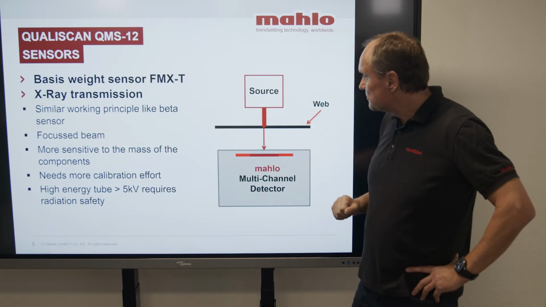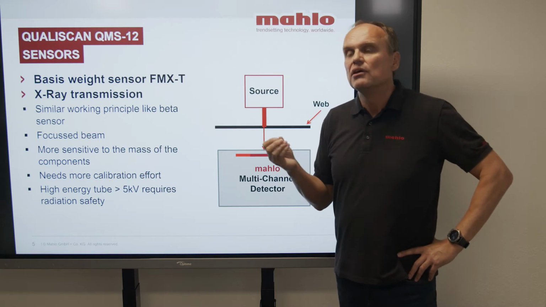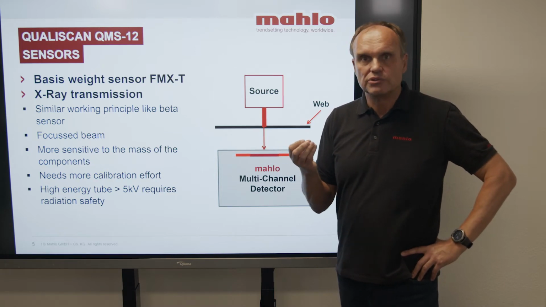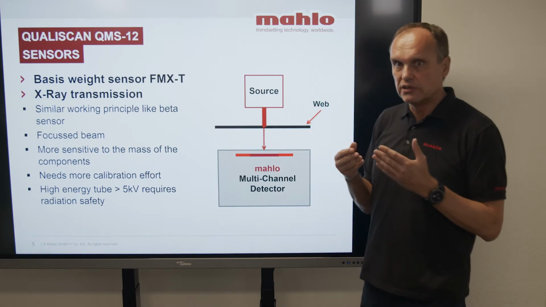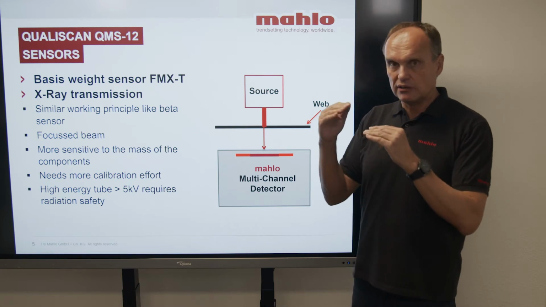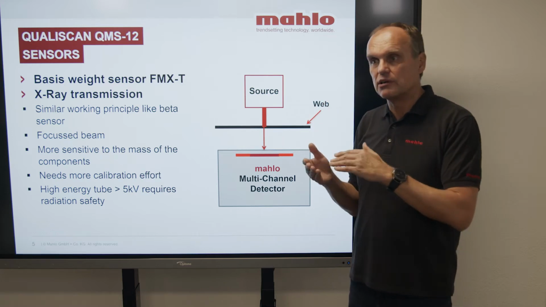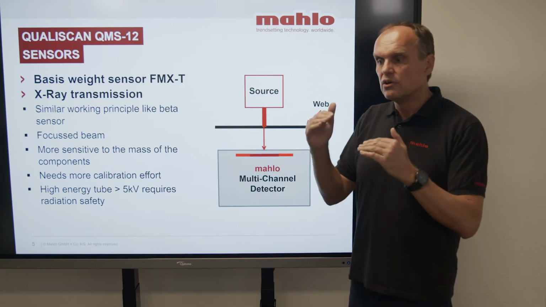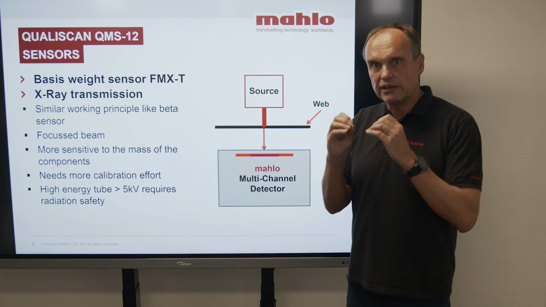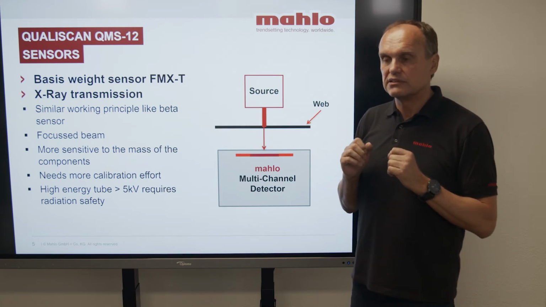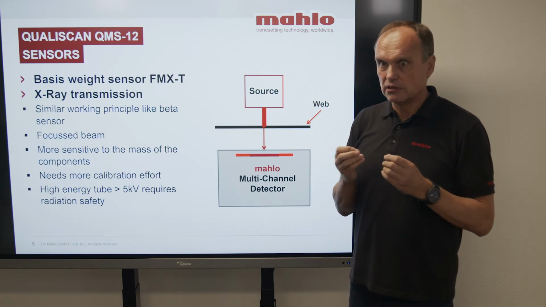The difference is that the weak X-ray sensor is more sensitive to the single component mass. That means if we have a mixed material containing heavy and light fibers, for instance glass fiber and carbon fiber or polypropylene fiber, so they have very different masses, then we need a very accurate calibration of the sensor, because it reacts to the component mass of the single fibers.